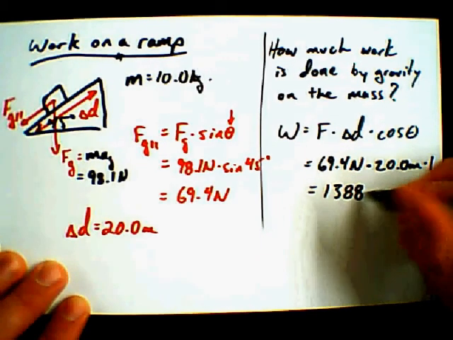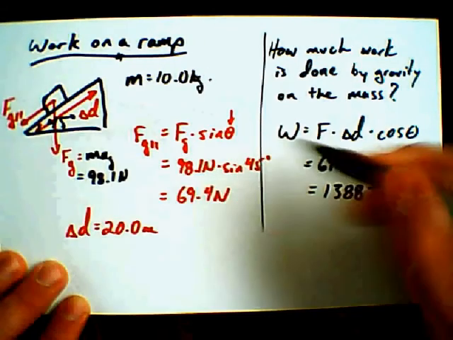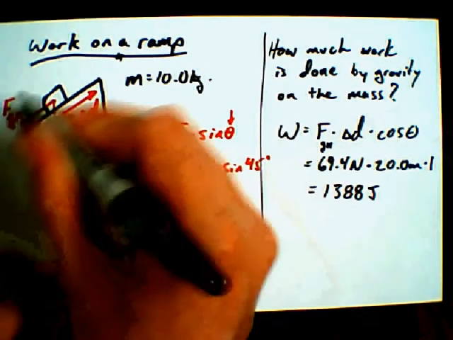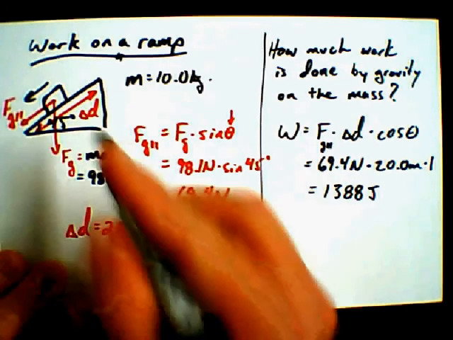I'll tell you in just a sec, okay? Because we're talking about the force due to gravity parallel. Really, this is Fg parallel. It goes down the ramp, and your displacement is also down the ramp. When you're measuring force relative to the angle of the distance as well? Yeah, you're really finding the component of force that goes in the same direction as the displacement. And that might get a little bit complicated on a ramp.